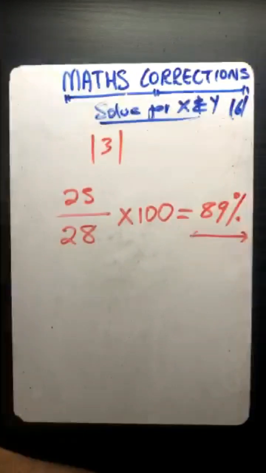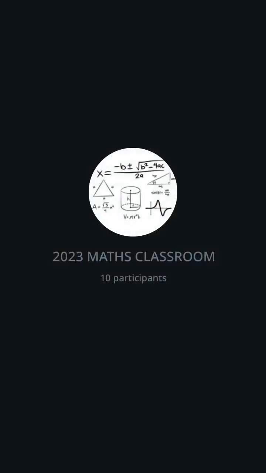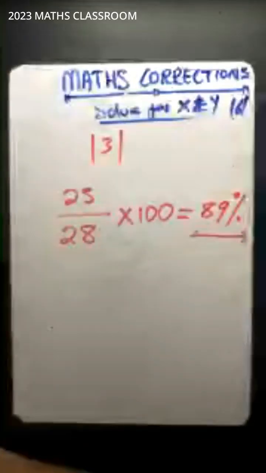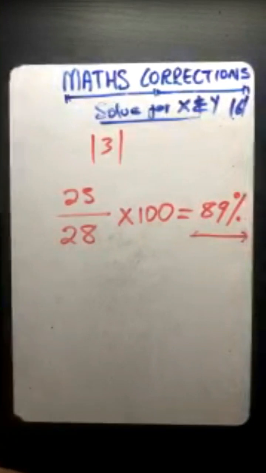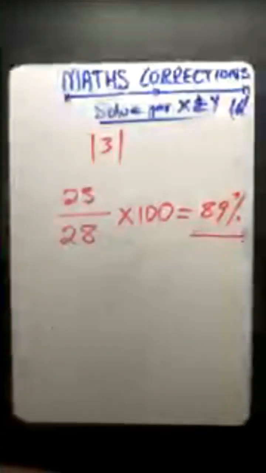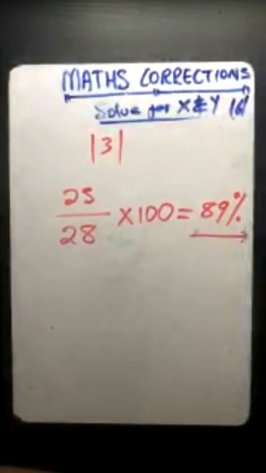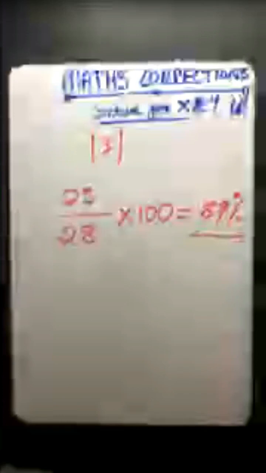So when are we going to do corrections for grade 10? A very good question. The corrections for grade 10 will be sometime during the week. There's going to be a lesson where I'll only be focusing on grade 10s.